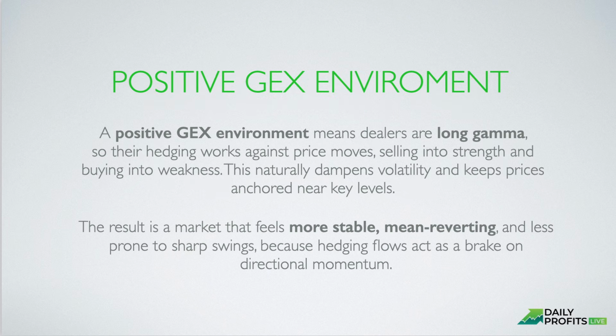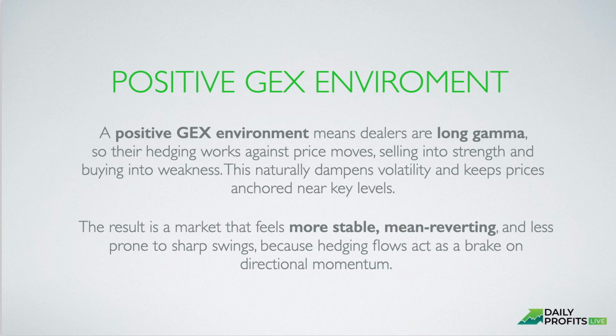So earlier I said you can acquire positive gamma and negative gamma. This affects both individual stocks and the overall market, when we talk about indices and all that kind of stuff. So in a positive GEX environment, right, it means dealers are long gamma, so their hedging works against price movements. In a positive GEX environment, market makers will be selling into strength and buying into weakness, right?